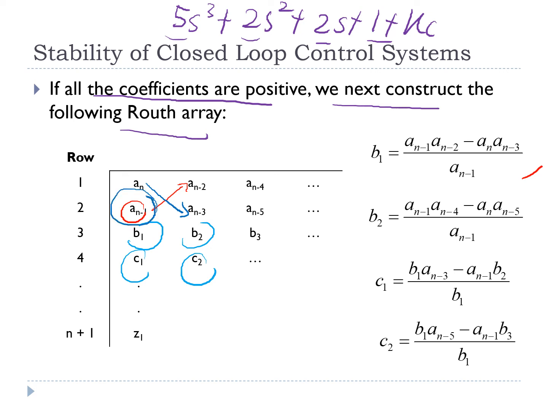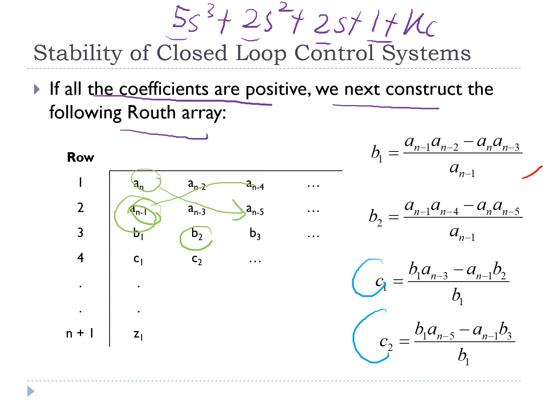Next, B2 can be calculated by an minus 1 times an minus 4, minus an times an minus 5, divided by an minus 1. And C1 and C2 can be determined by this equation.